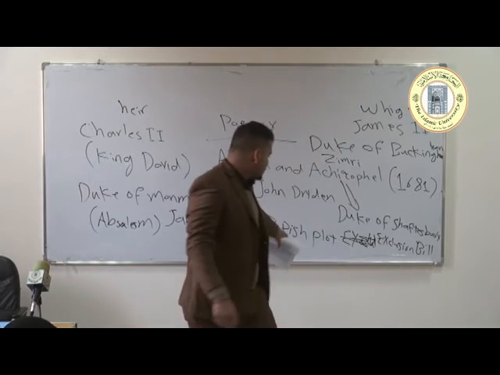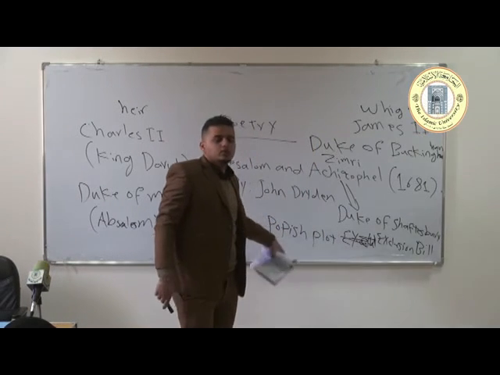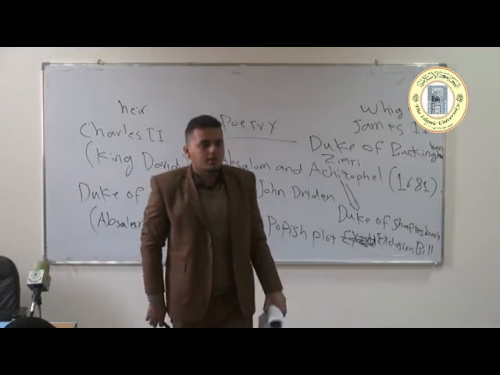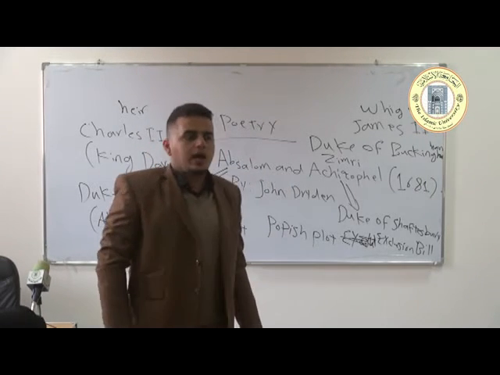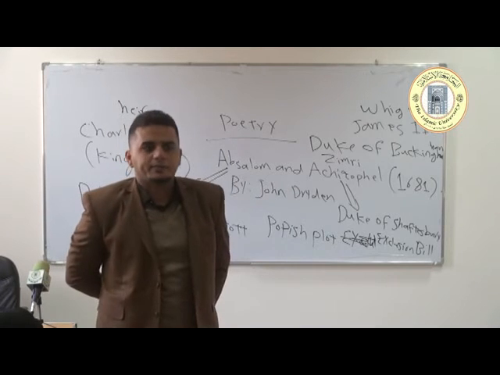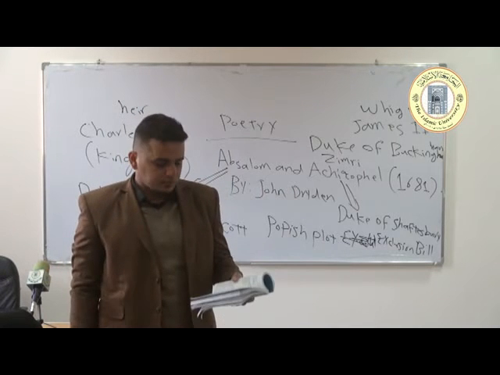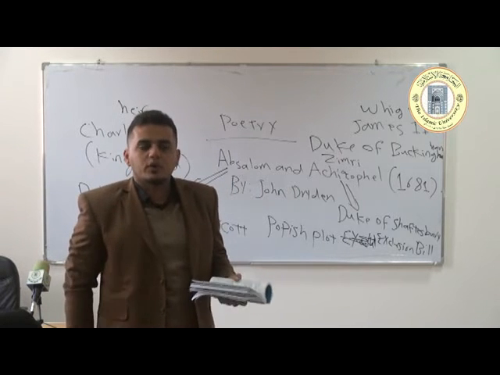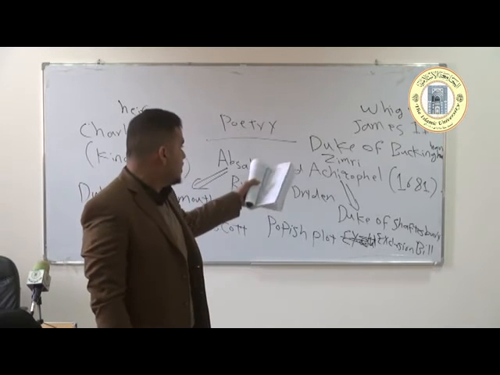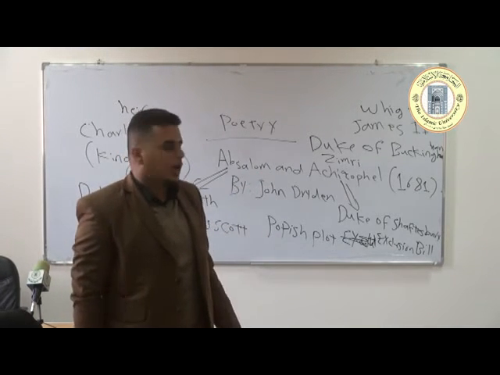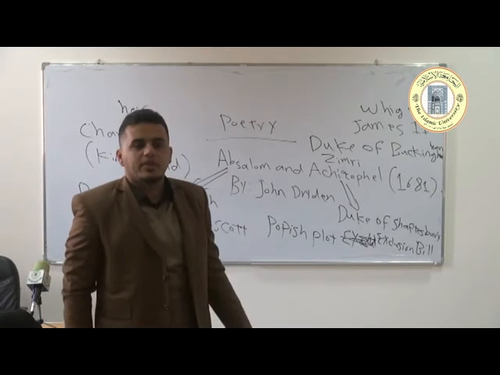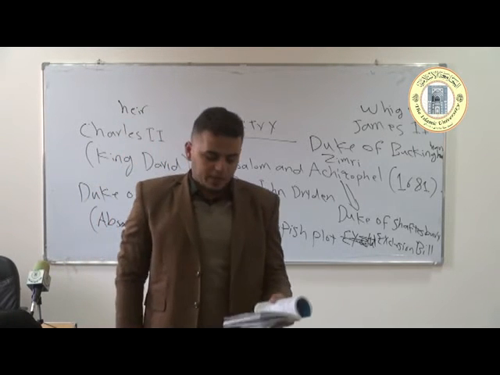The Popish Plot. If you later check about the Popish Plot, you will find that this is a plot and conspiracy against the king, King Charles II, to take the throne from him and from the legitimate heir, James II, and to support the Duke of Monmouth, the illegitimate son of the king.